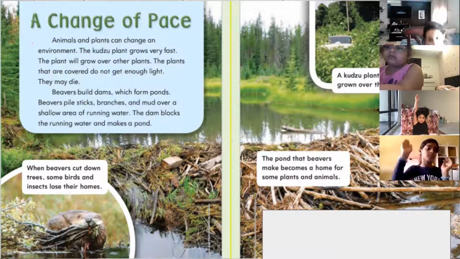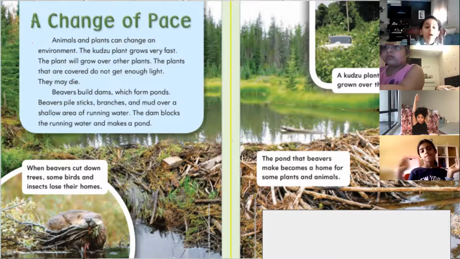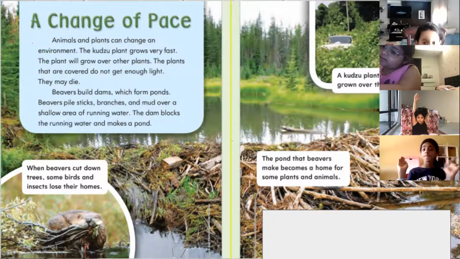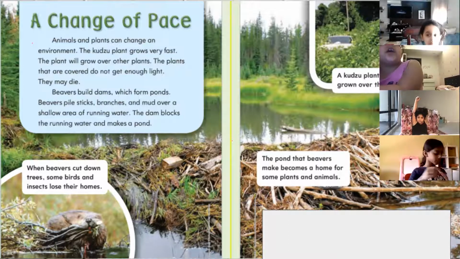Now, the question here: did it change the environment around us or not? Of course. Can you tell me one change? What happened to the trees? There weren't any trees. So the trees are burned. What about the animals?